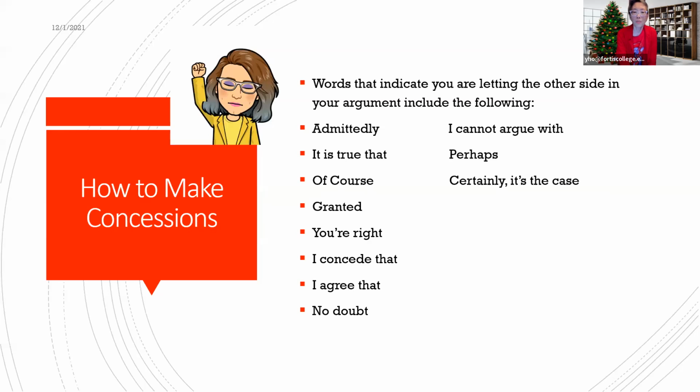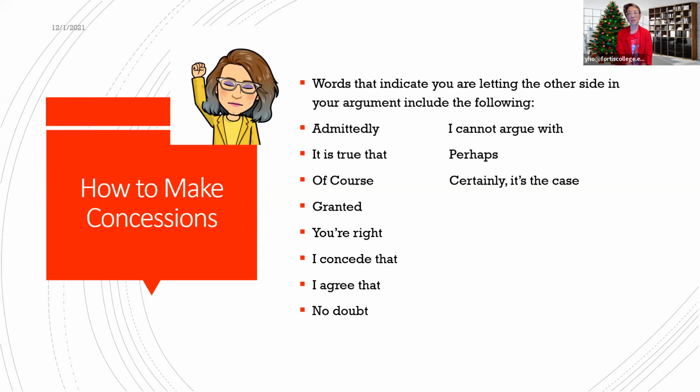How to make concessions? Use words that indicate that you are letting the other side into your argument. So basically what you do is you talk about little bits and pieces of what the other side thinks, and then you rebut and say, oh, no, no, no, you're wrong because. I'll give you an example.